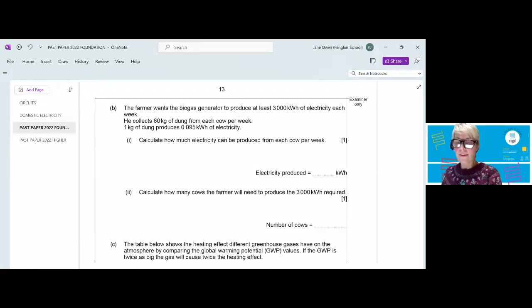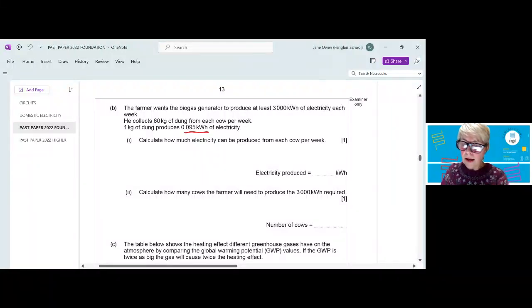He collects 60 kilograms of dung from each cow per week. 1 kilogram of dung produces 0.095 kilowatts of electricity. Calculate how much electricity can be produced from each cow per week.